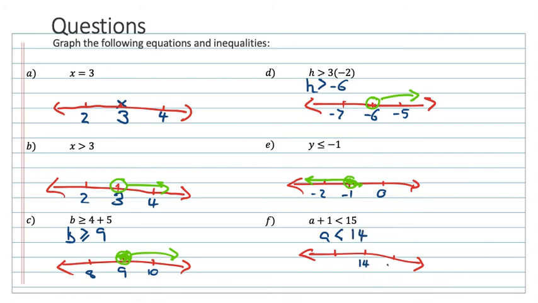Annotating my number line. I'm going to draw an open circle on the 14. And the arrow pointing to the left, and I'll leave this unshaded because it does not include the point 14, because A is less than 14.